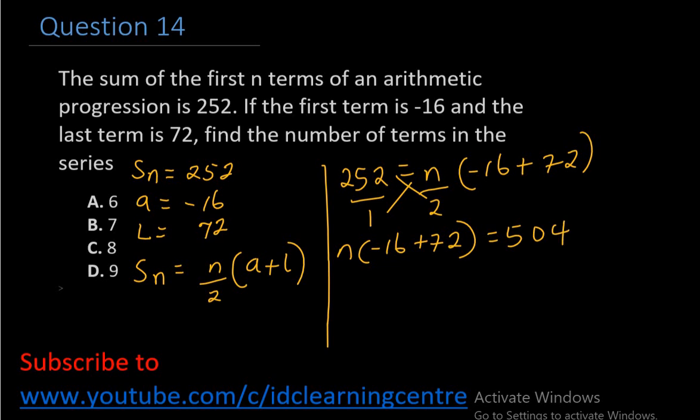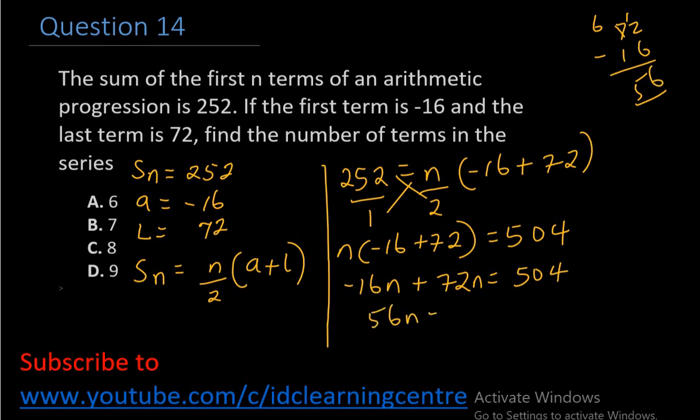N times minus 16 plus 72n equal to 504. So 72n minus 16n, 72 minus 16, pick one here, it reduces to 6, this is 12. That will give us 56n.